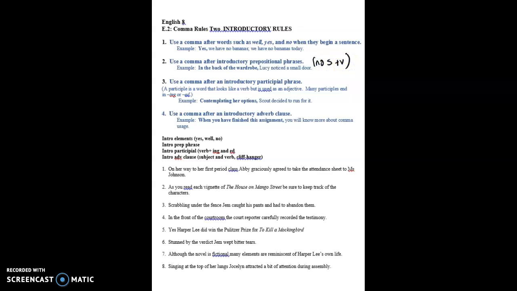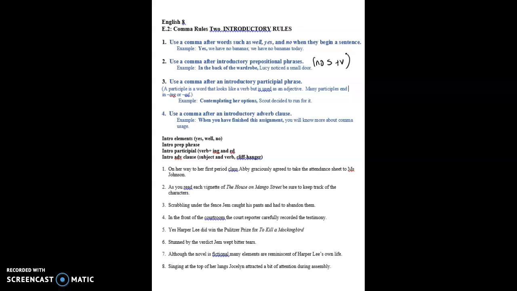With the third rule, it's a participial phrase. That's the newest idea that you've been introduced to. A participial or a participle looks like a verb, but it's really used as an adjective. So what you're going to do for this one is look at the first word in the sentence and say, is that a verb?